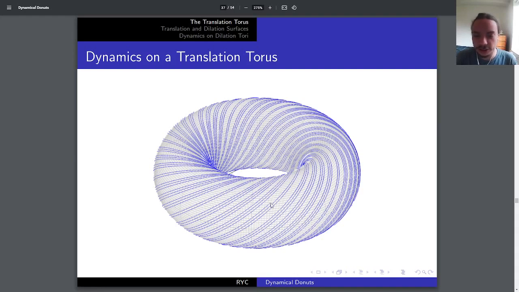So, you can see that this isn't the full flow, it's ended right here and it's going to keep going around and around and around, and it's going to keep filling in these gaps, getting more and more striped as time goes on. Okay. And if we looked at a picture of the finished flow, then we would essentially just see a shaded in torus. All right. So this is the dynamics on a translation torus. We now fully understand them.